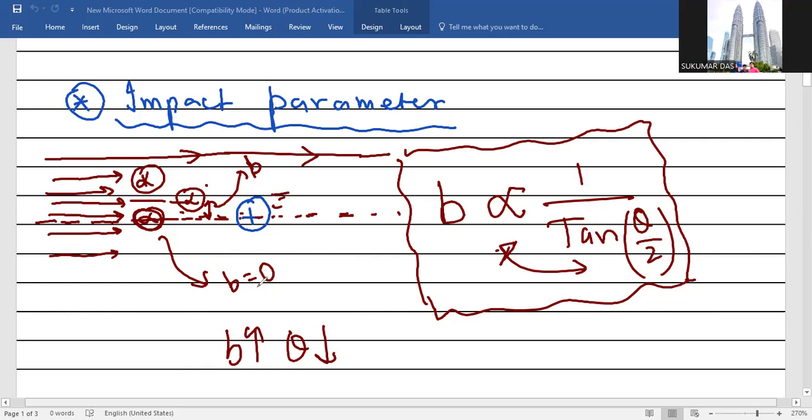Then one more numerical formula is there, that is distance of closest approach, that we have to see now. First you write it down, then we will see distance of closest approach.